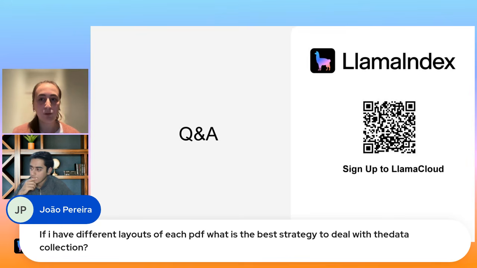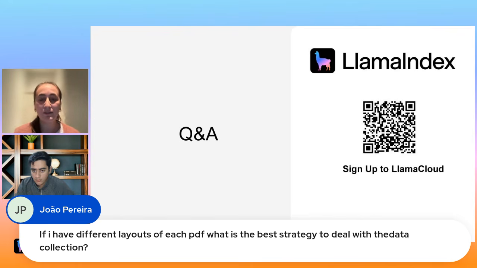For example, are the different layouts because they're all invoices and each of those invoices are laid out differently? And we have some presets that are tuned to specific, let's call them thematic files and document types. So in this case, your parsing agent is able to deal with different layouts with a focus on a given theme, for example, an invoice or an SEC filing, etc.